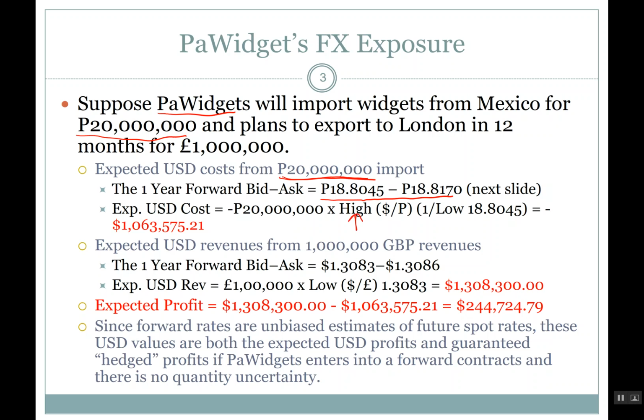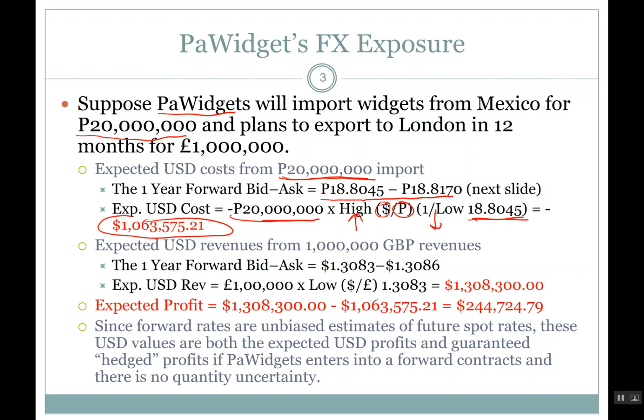You're going to get screwed in this bid-ask transaction. So we're going to get the highest dollar per peso exchange rate, which turns out to be 1 over the lowest peso per dollar exchange rate. The lowest is 18.8045. So 20 million pesos times 1 over 18.8045, they're expected to pay $1,063,000 for the widgets.